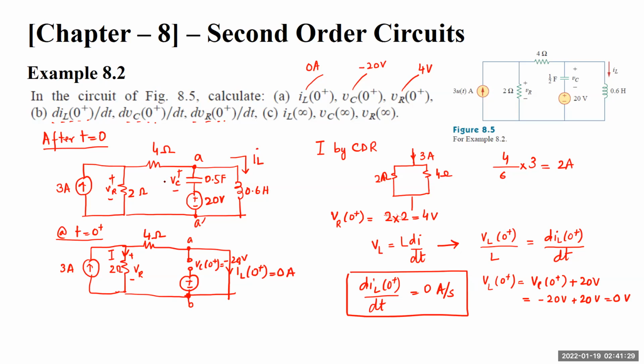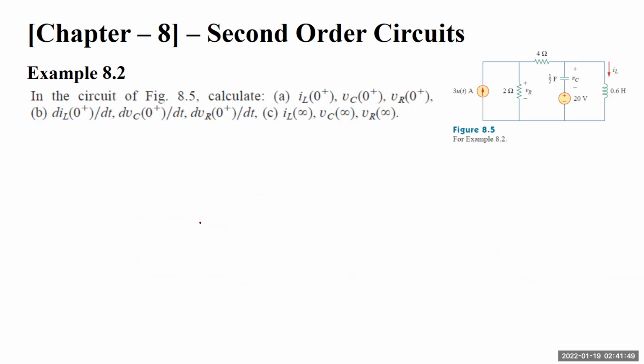Okay. Now basically we have to find out the instant or the rate of change of voltage across the capacitor. So for the rate of change of voltage across the capacitor, let's move to the next part. Again, my equivalent circuit is, let me draw it here. So it is something like this.